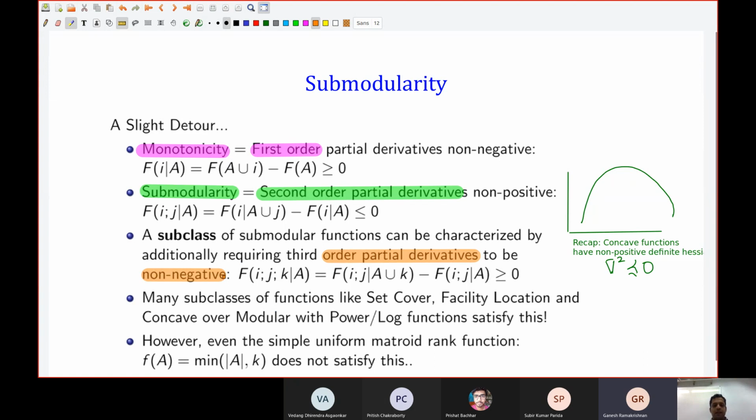It means that here in second order, I was looking at I, right? The gain in terms of I when you have an additional element j in the conditioning set. Here you're talking about adding two elements at a time. In the case of third order partial derivatives, i and j, right? In the presence of k as against without the presence of k.